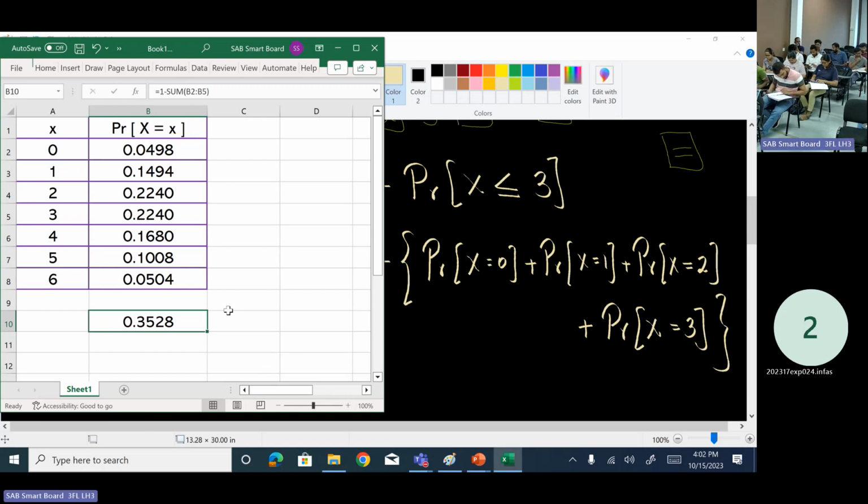So the individual required values are here by substituting in the formula.